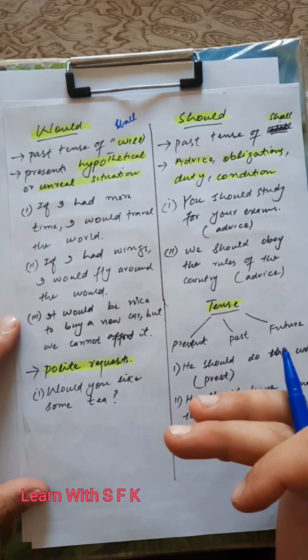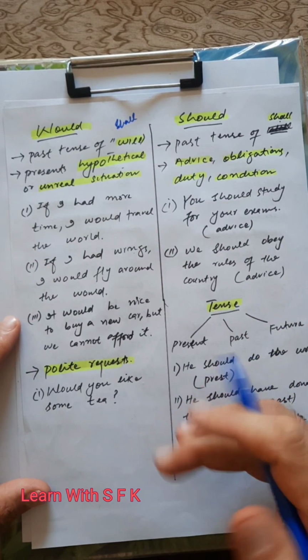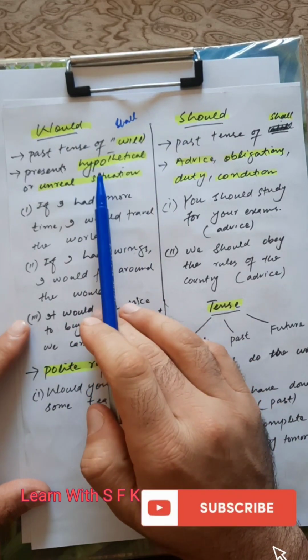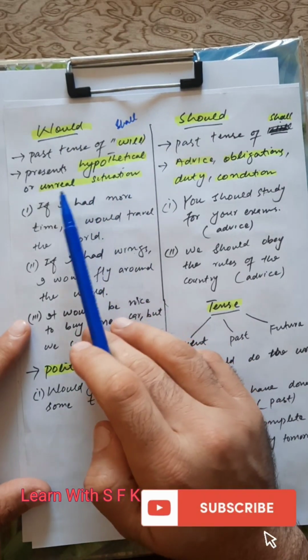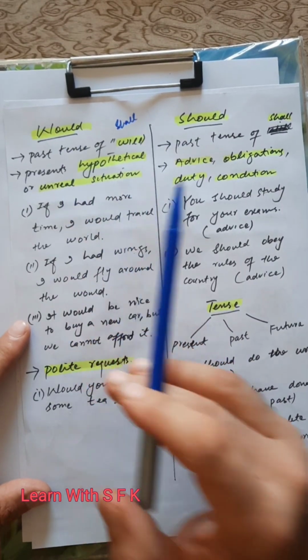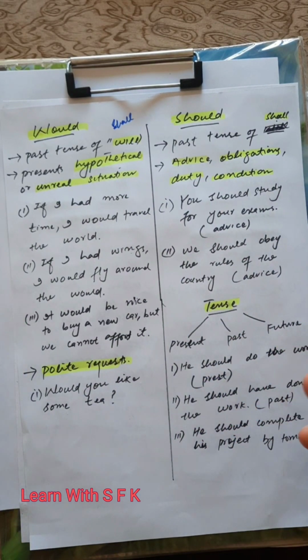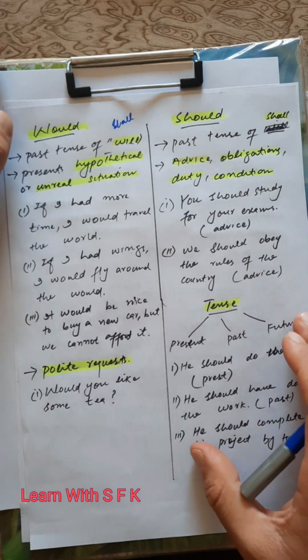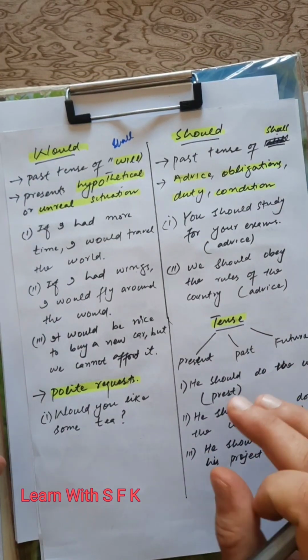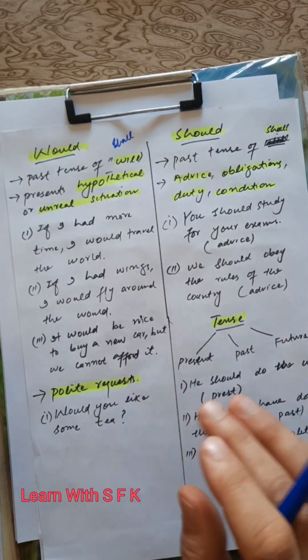Okay, where we used would normally? Normally we used would for some hypothetical or unreal situations. When we wanted to talk something about unreal, untrue or hypothetical situations or scenarios, then we use would.